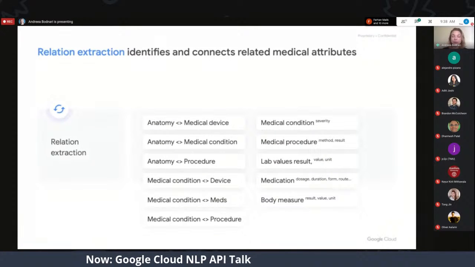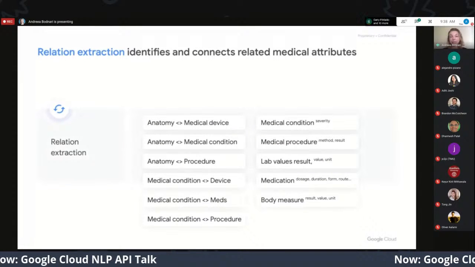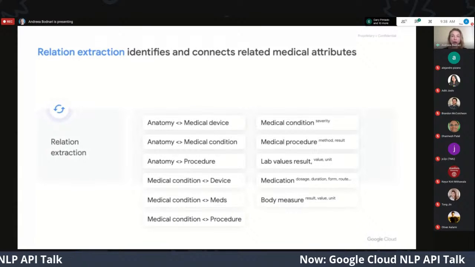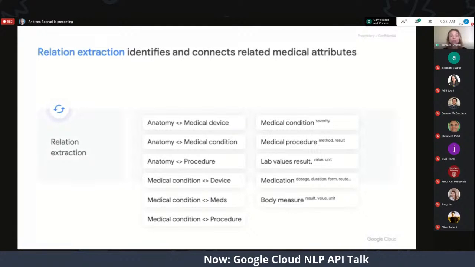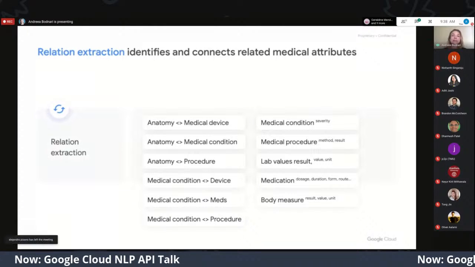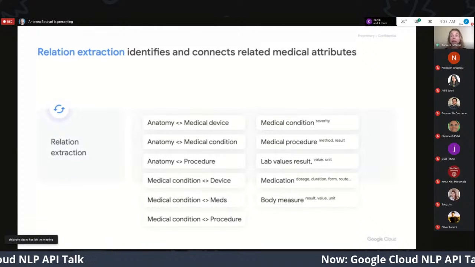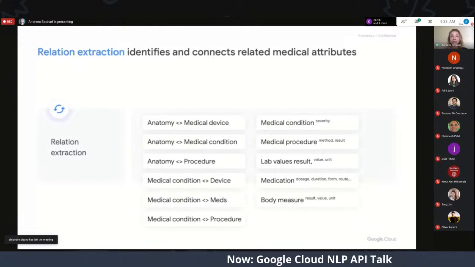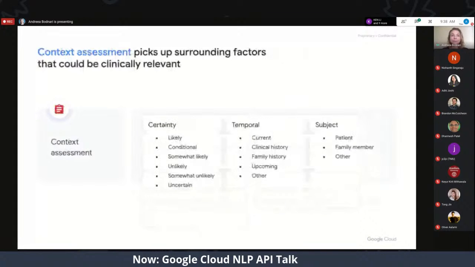It will also scan the surrounding context to see for which specific disease the medication was prescribed, as well as whether there are any side effects associated with the medication. And these are just some of the medical attributes and relations that get extracted from medical text.